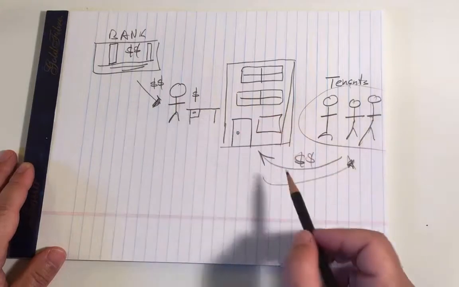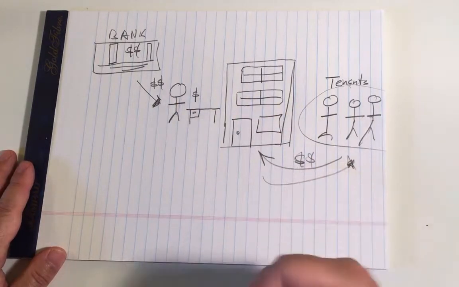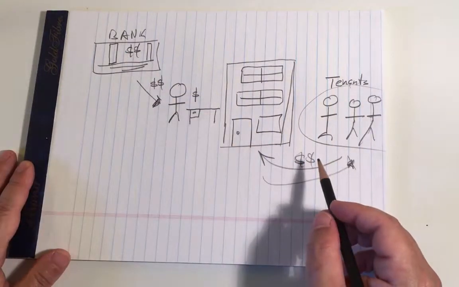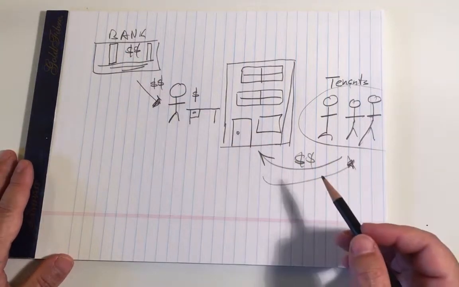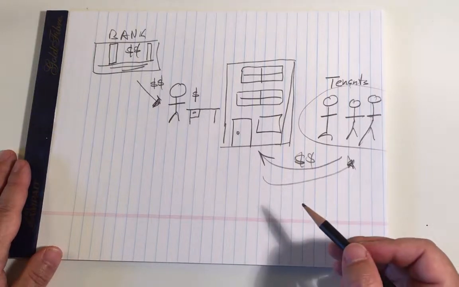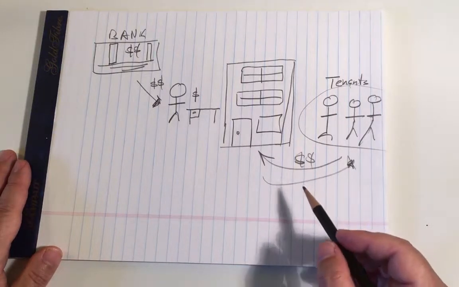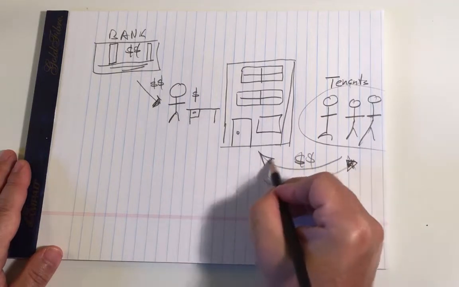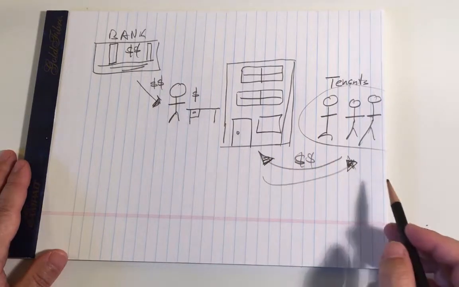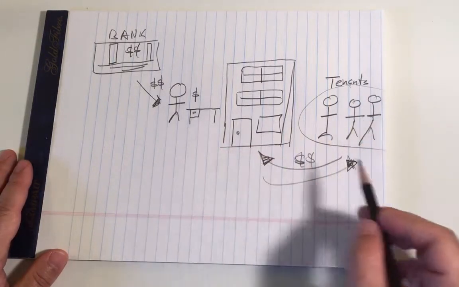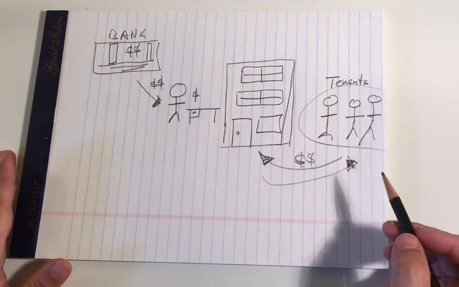And then Fernando, the business owner, uses that money to pay for the various costs associated with running the building, including servicing the mortgage. But there are going to be taxes, there's going to be the need to fix things every once in a while, and so on. But again, have we now found a thing called a business organization in our story? And the answer is no. The thing that governs a relationship between a tenant and a rental property is a thing called a lease.